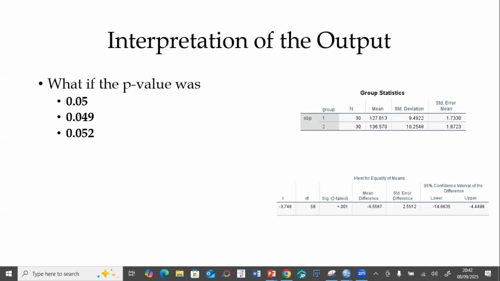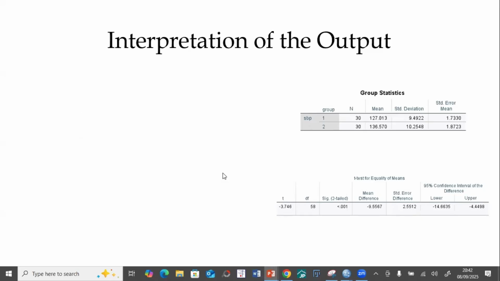The difference is very small, 0.002. Yet, we would declare the one with 0.049 as significant and completely throw away the results when the p-value is 0.051 or 0.052. These are some of the fundamental issues with the p-value.